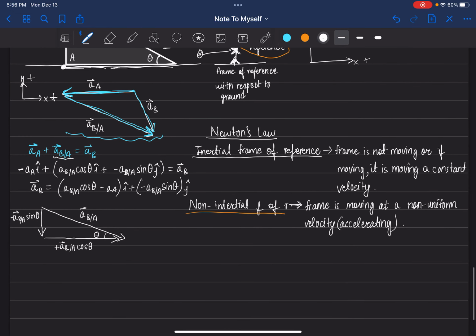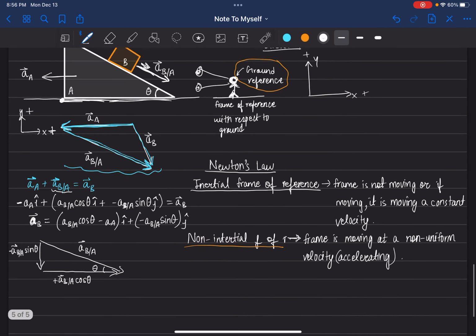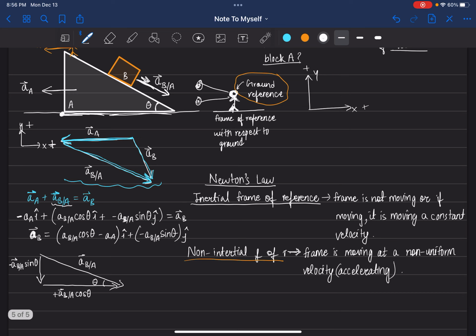So thing to take notice of: acceleration of block B has both X and Y components, okay? And they intuitively make sense because we know that block B should be moving to the right and going down, right? So they intuitively make sense.